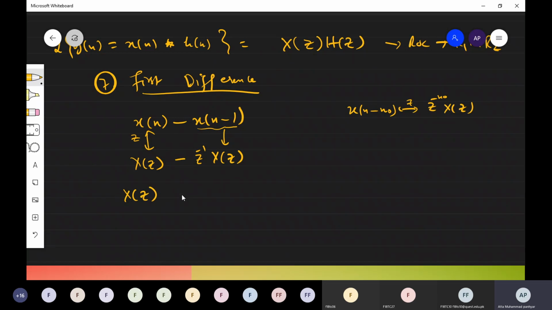Taking X of z common, what we get is X of z minus, if I take this common, our resultant is X of z times (1 minus z inverse), right?